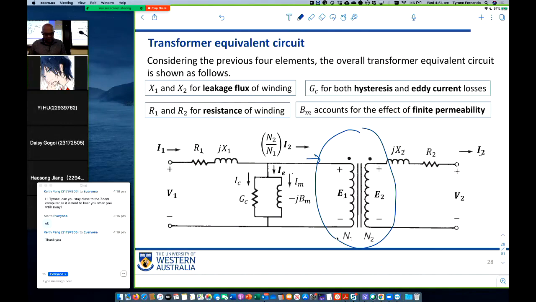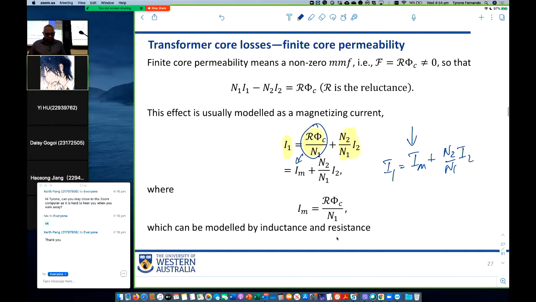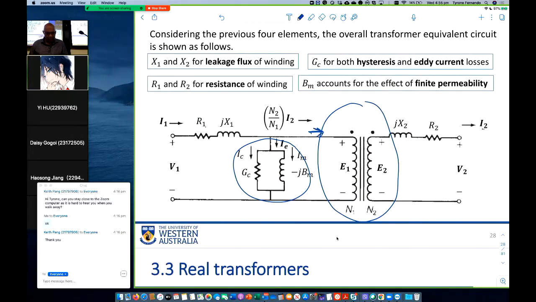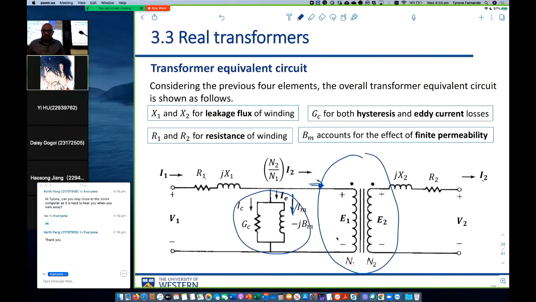So you can see this shunt branch accounts for this Im, and this is the part that flows in the ideal transformer component. The second part that we introduced is the part that will flow in a shunt branch. So if we now consider this circuit, this is the equivalent circuit for a real transformer, without assuming ideal conditions.